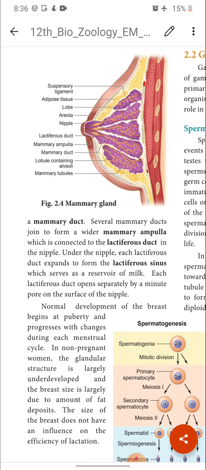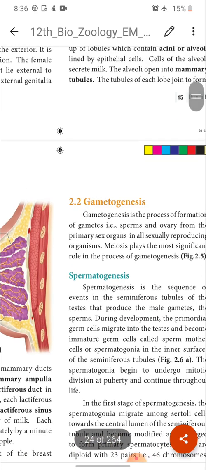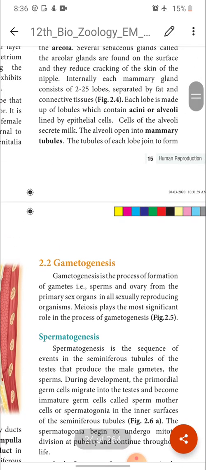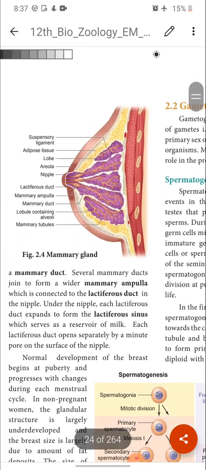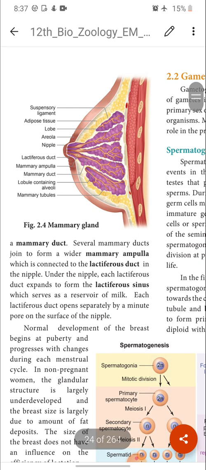Okay, children, from the alveoli or acini, it opens into the mammary tubules. Tubules join to form a mammary duct. Mammary ducts join to form a mammary ampulla. Mammary ampulla opens into the lactiferous duct of the nipple. Under the nipple, each lactiferous duct expands to form a lactiferous sinus, which serves as a reservoir of milk.